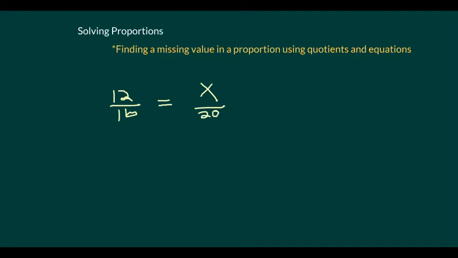So if you divide 12 by 4 and 16 by 4, you get 3/4 equals x over 20.